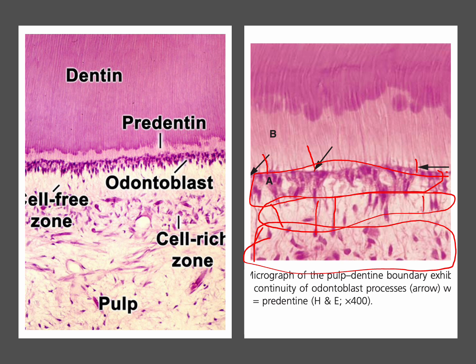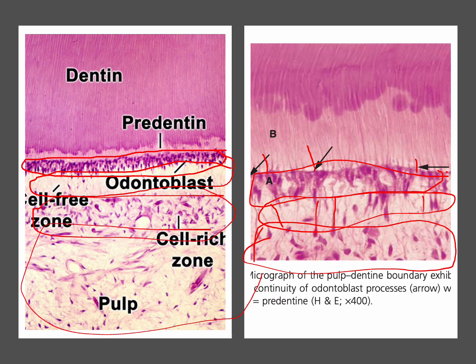The same applies here. Odontoblastic processes. The supra-odontoblastic processes are not visible all the time. It needs higher magnification. The cell-free zone, the cell-rich zone, and the pulp, which is composed mostly of fibroblasts, extracellular matrix, capillaries, and nerve tissue.